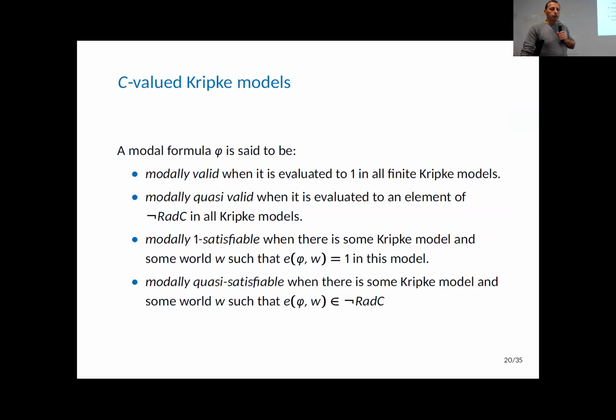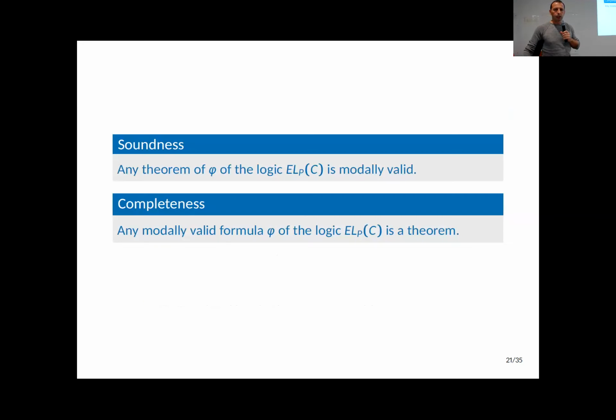We also give the notion of quasi-validity. Of course, we say that a formula is modally valid if it is evaluated to 1 in all finite Kripke models, and we'll say that it's quasi-valid if it is evaluated to the negation of the radical in all Kripke models, and in the same manner we can define modal 1-satisfiability and modal quasi-satisfiability as well.